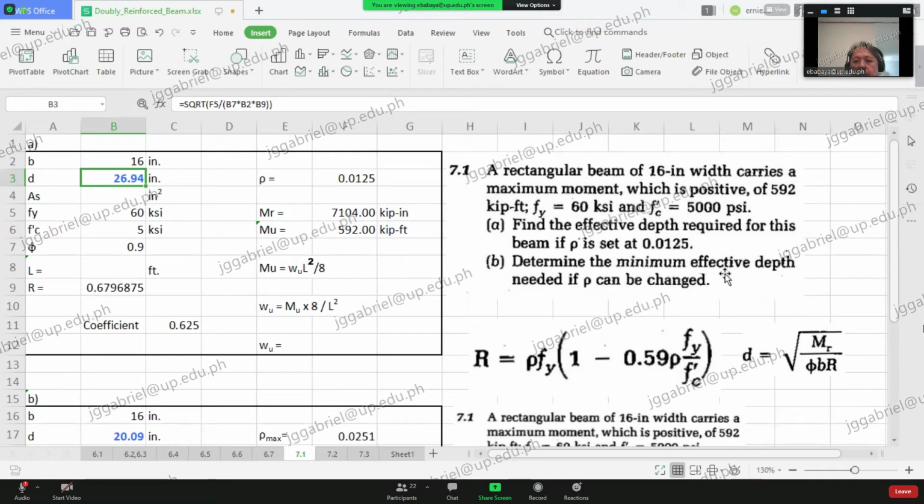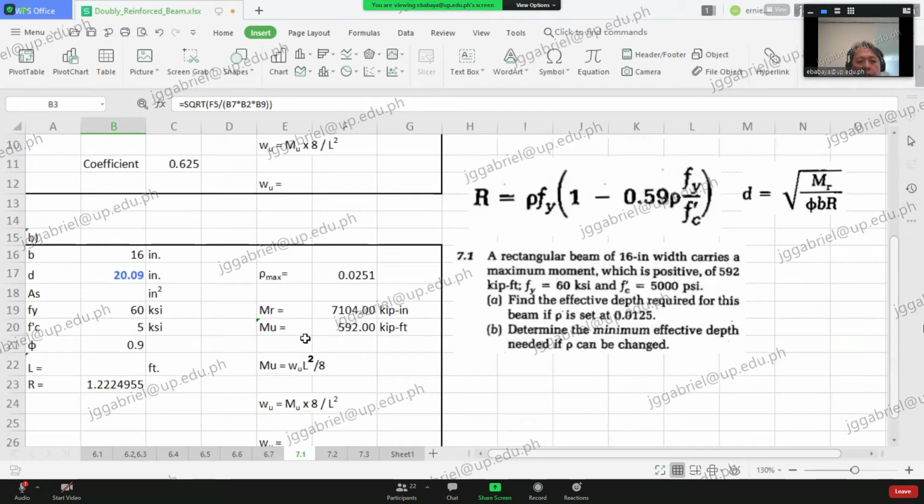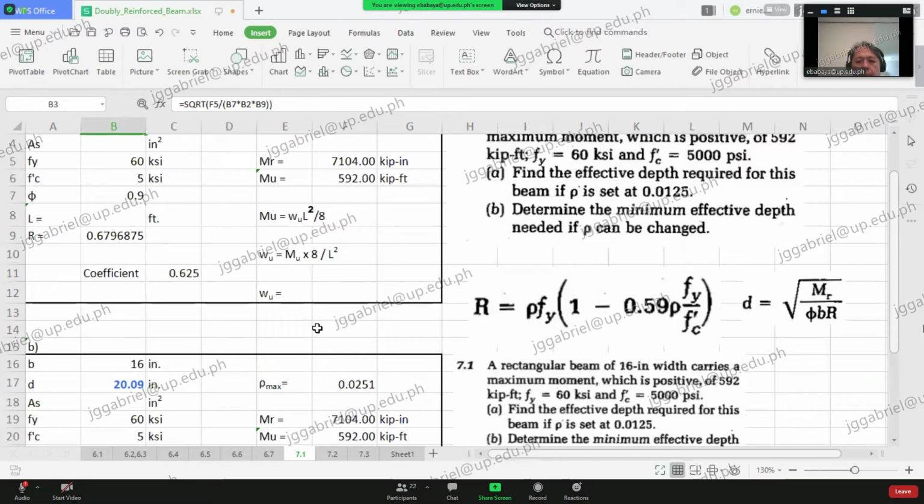Now, determine the minimum effective depth needed if rho can be changed. So rho can be changed. What's the minimum? If you want the minimum effective depth, what do you want your rho?